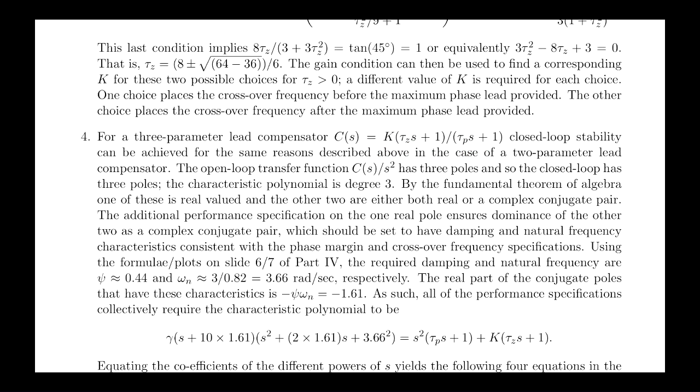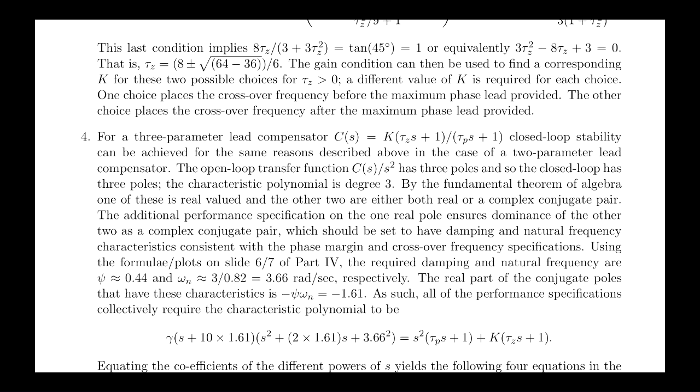I need another specification. And in this case, the other specification is that you want the third closed loop pole, which lies on the real axis on the basis of the locus analysis that we've done, to be 10 times further to the left, right, than the 2 poles that appear as a complex conjugate pair, right?